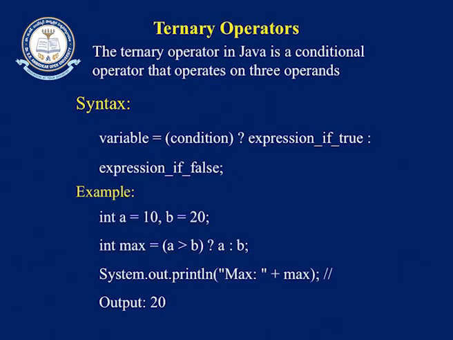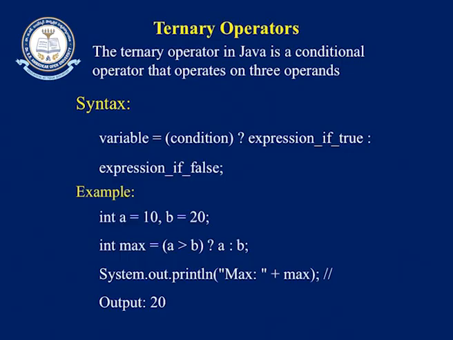If you see the syntax of this ternary operator, it looks like this with a question mark and a colon. We are checking a condition here. If the condition is true, then expression 1 will execute. If the condition is false, then expression 2 will execute. Since we are using 3 operands here, it is called a ternary operator.